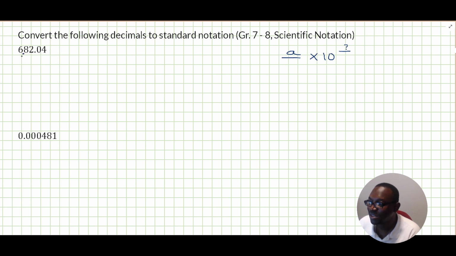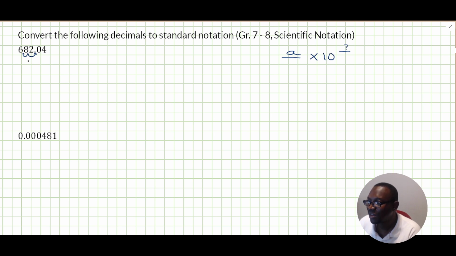So now you ask yourself, this is the ideal position that I should be wanting. But where's my decimal? How do I get to my decimal from my ideal location? From my desired position, which is 6.8204, my decimal is after 2. So the question you're asking is, how many hops do I have to make to get from where the decimal should be to where it is?